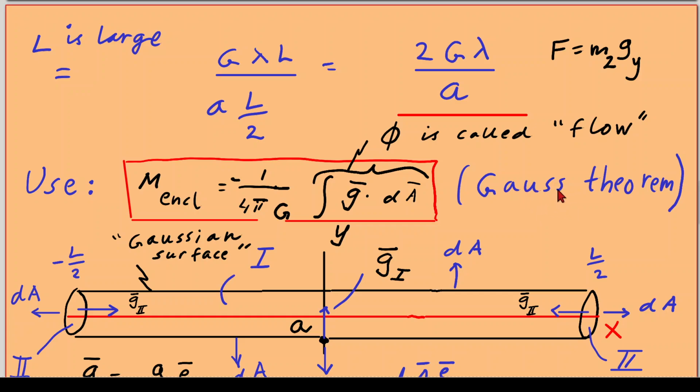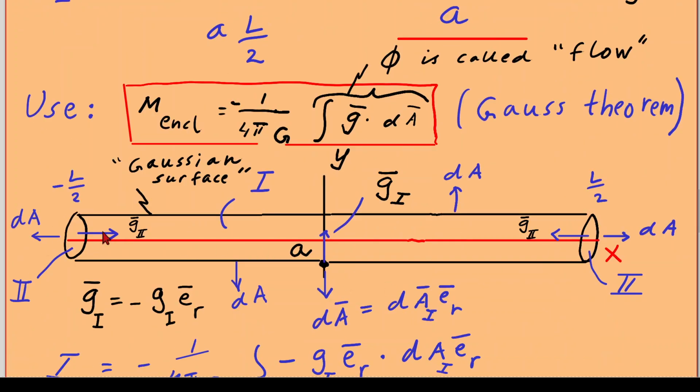In classical mechanics, we can prove that if we have a Gaussian surface, which is a closed surface, then the mass inside that closed surface, which we call M enclosed, equals minus 1 over 4πG, where G is the gravitational constant, multiplied with the flux of the g field through a surface area element dA.